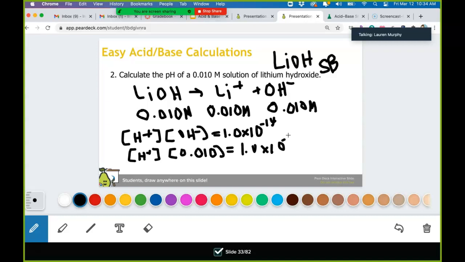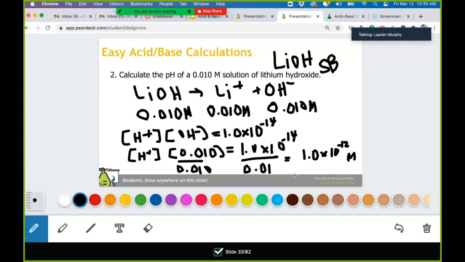So I just divide both sides, right? By 0.01. And that'll give me H plus. Pretty sure it's 1 times 10 to the negative 12 molar. So that's the H plus.